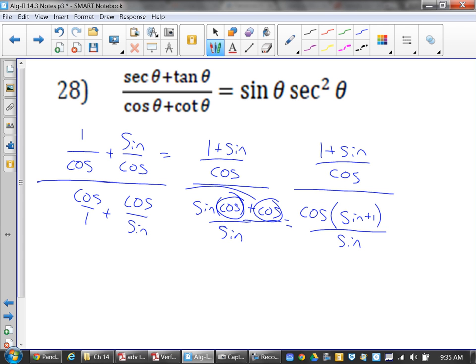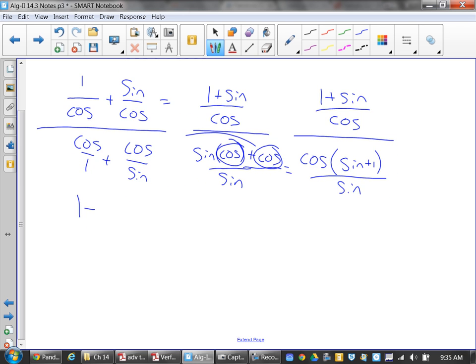By rewriting that double fraction there, sometimes it's a little bit cleaner to see that following step. So we have 1 plus sine over cosine divided by cosine times sine plus 1 all over sine. What happens now? I'm going to flip that second fraction, okay? So I'm going to flip that second fraction.